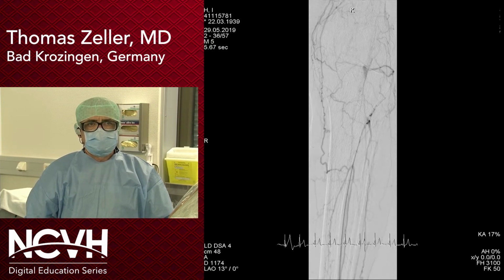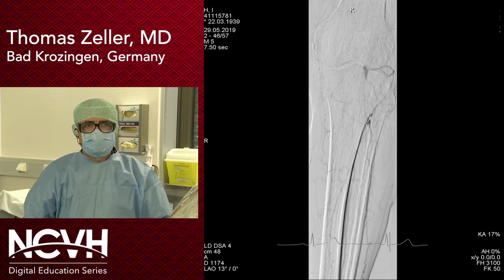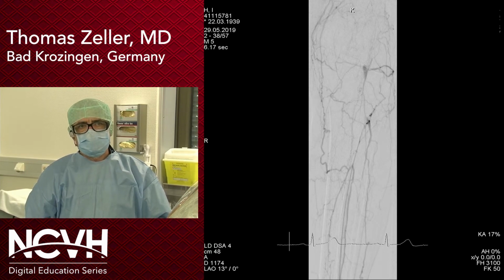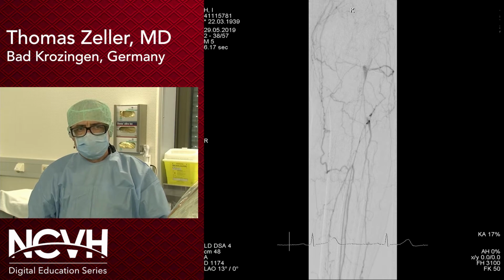So again, this is DSA. Here we have some reconstitution of the proximal anterior tibial artery with occlusion starting in the proximal segment. We have the occlusion of the tibioperoneal trunk.